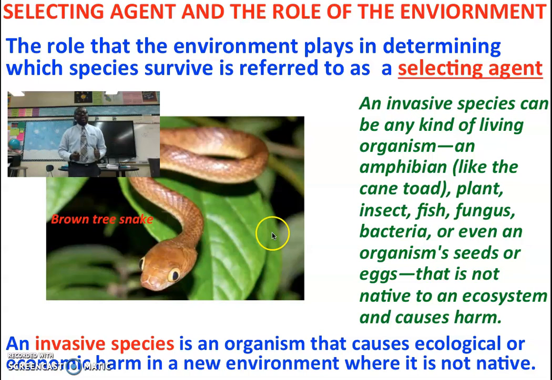So here we are looking at the environment acting as selecting agent. Okay? So when we say an environment is acting as a selecting agent, that simply means it's the role the environment plays in determining which species survive in that area. The environment can determine which species will survive in that area.